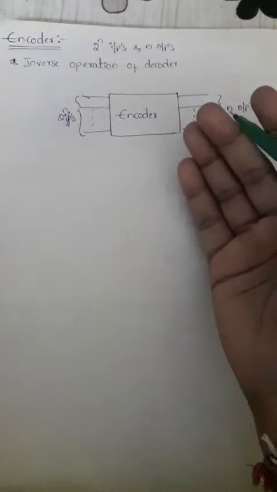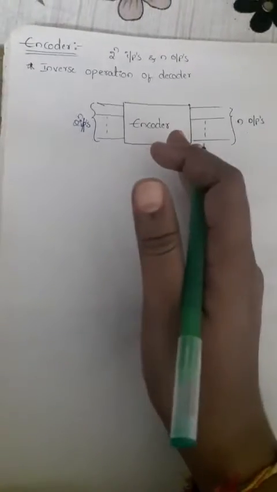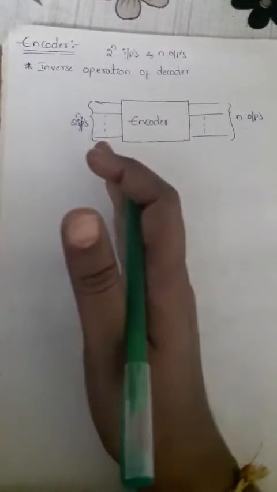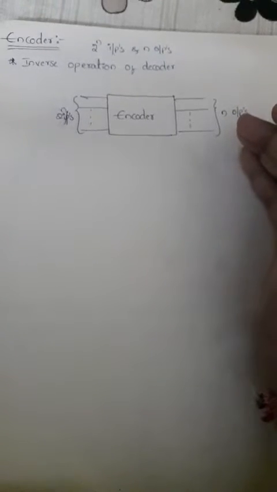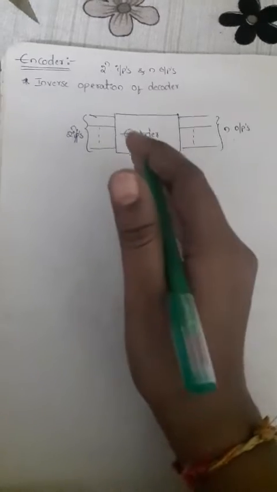Here we apply 2 power n input lines and n output lines, but in the decoder we have one enable pin, whereas here there is no enable pin. We have only input lines and output lines. In the decoder, the enable pin operates the circuit.